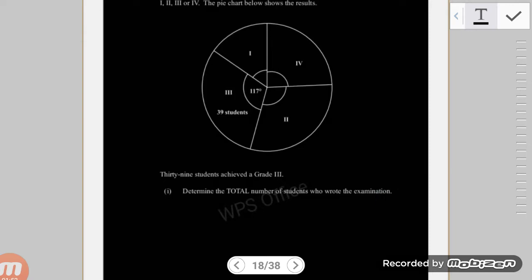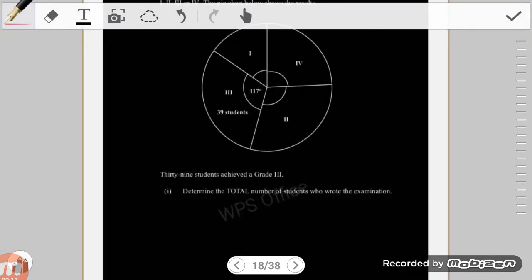Here's what we're going to do. The first thing we need to note is the total sum of the angles in a circle is equal to 360 degrees.